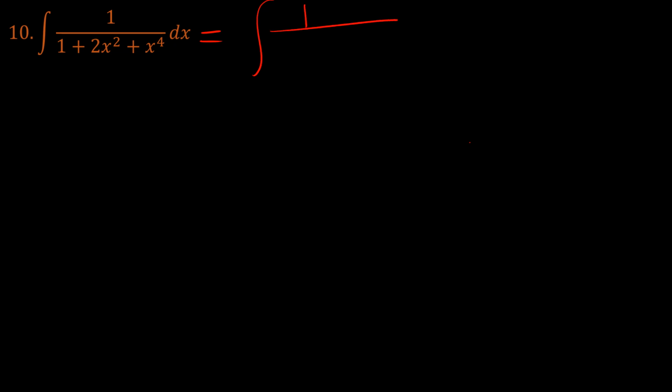So problem 10, that's the last problem today. So 1 over (2x squared plus x to the power 4), which we can write as 1 over 1 plus x squared, I think.